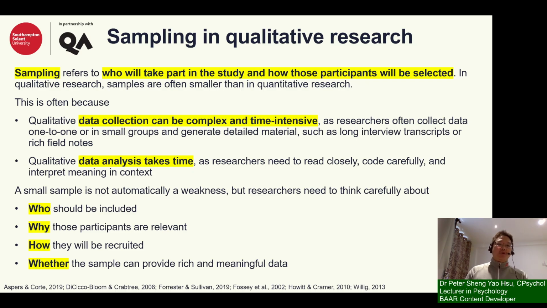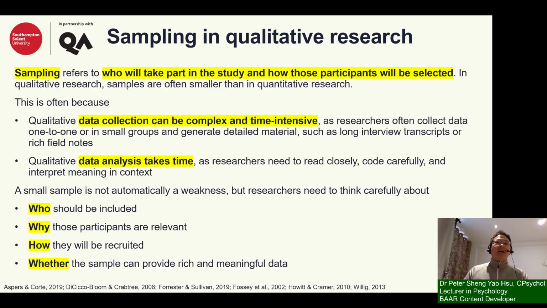In qualitative research, samples are often smaller. This does not mean that qualitative research is less rigorous. It reflects the kind of data being collected and analyzed.